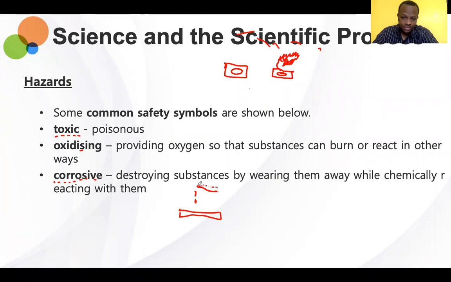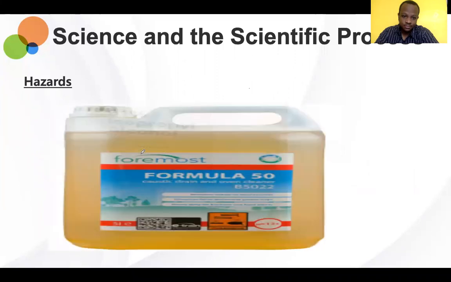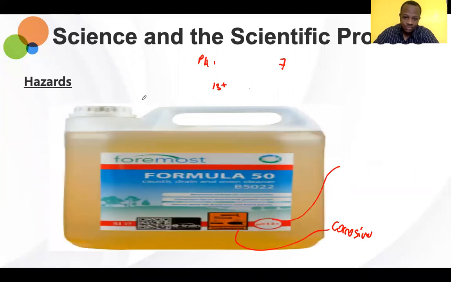Not the best bottle in the world, but you get the point. Let's go back for a second. So we have this bottle of oven cleaner, Formula 50 oven cleaner, and as we see here, it is corrosive.